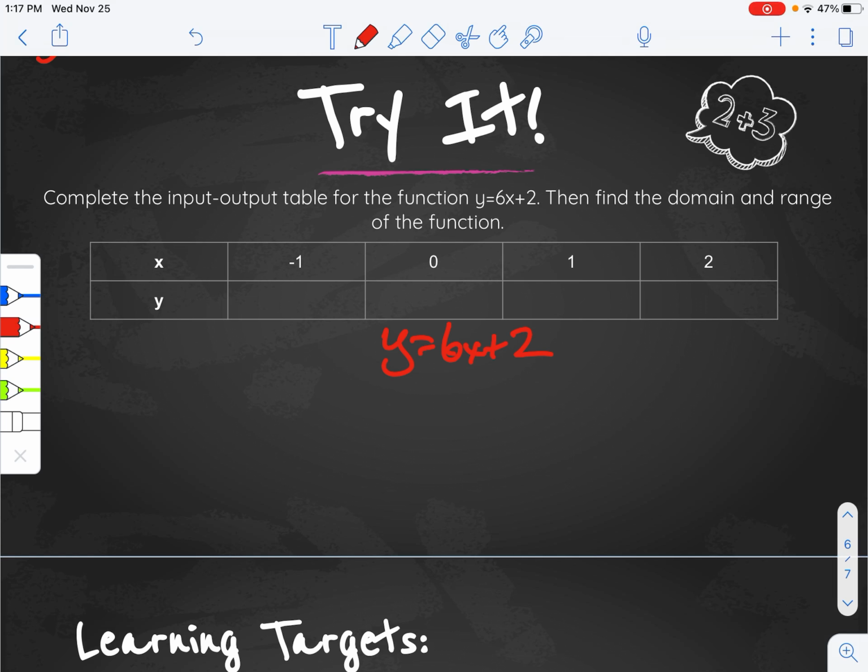If we have y equals 6x plus 2, we have our x values of negative 1, 0, 1, and 2. So this would be the time where you pause the video, and I'd want you to fill out the rest of this chart, and then I want you to list the domain and the range.